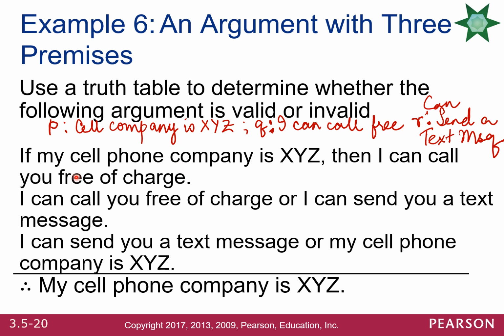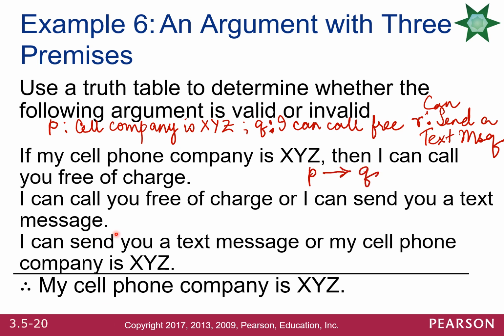The first one is an if condition, a conditional statement. If my cell phone company is XYZ, that means if P, then it should be Q, I can call free of charge, correct? So let's write that as if P, then Q for the first one.